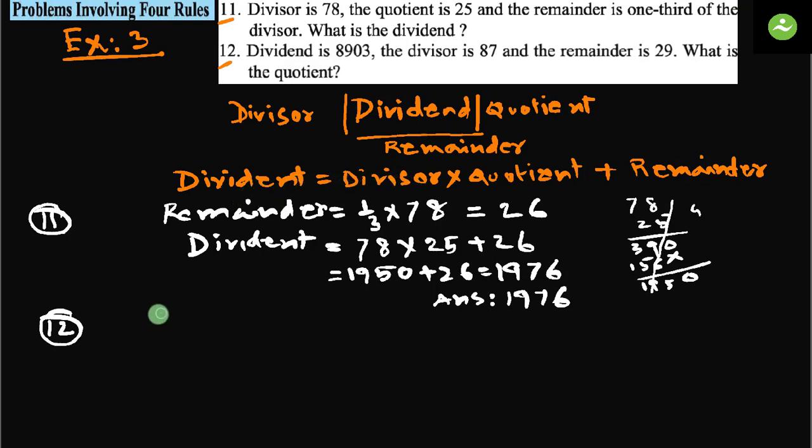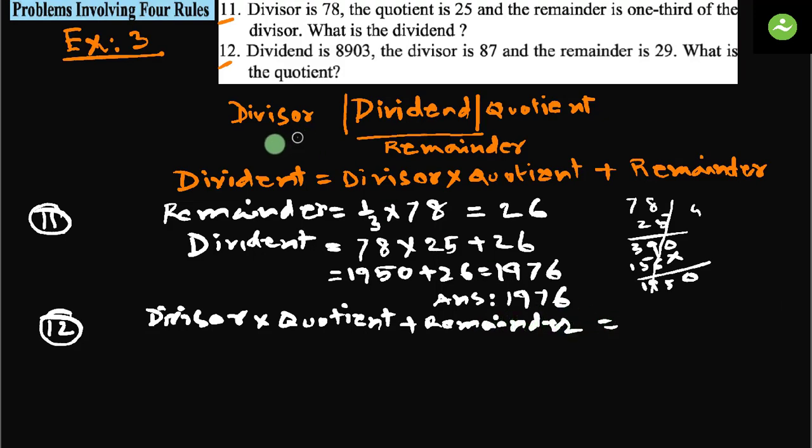We can write divisor into quotient plus remainder equals dividend. I haven't changed anything, I just changed the side.